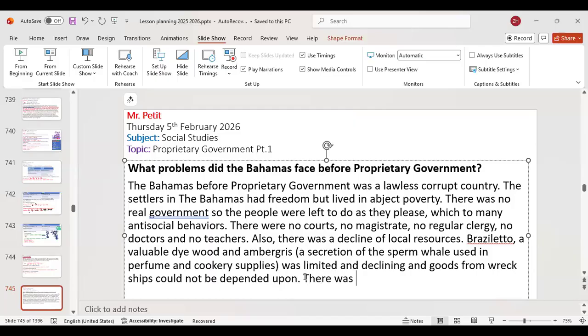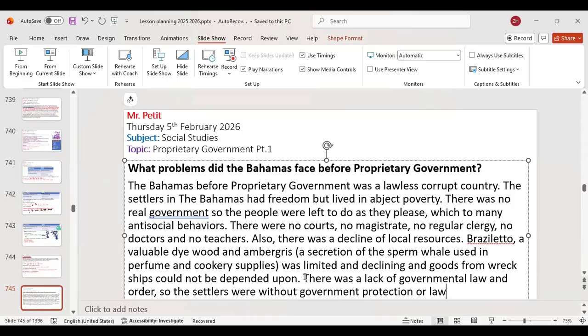So there was a lack of government, or governmental law and order. So the settlers were without government protection or law to settle disputes.